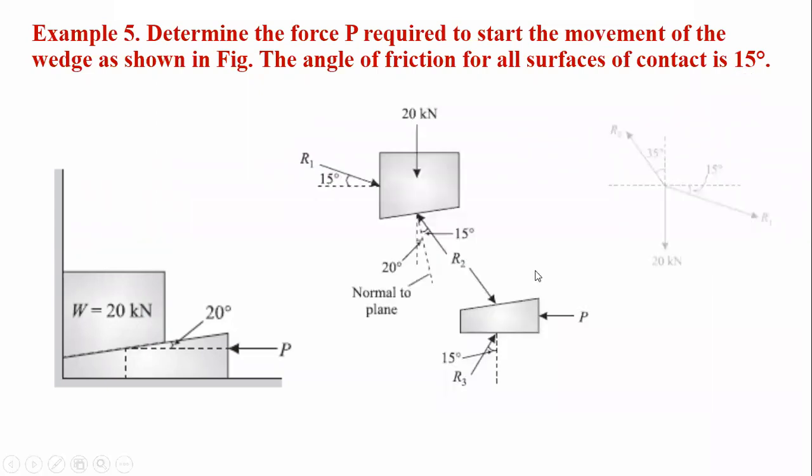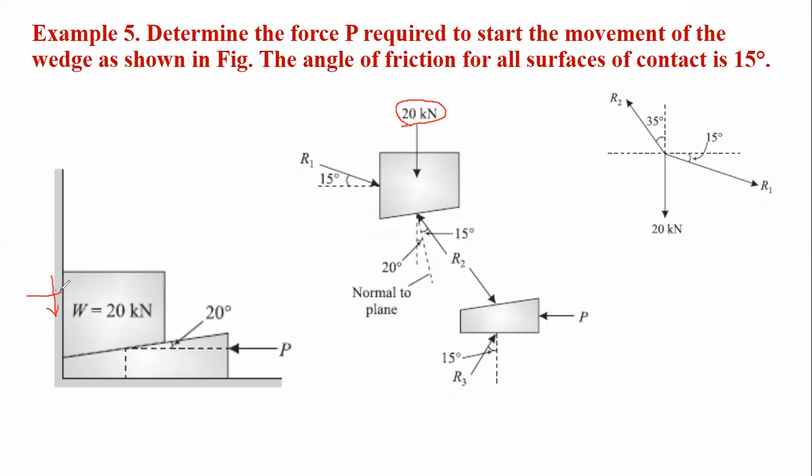Now let us see. Draw the free body diagram of each block separately. If you see over here, for this block of 20 Newton, the self weight is shown. Whatever the friction force and normal reaction may be, the resultant of these two is shown here as R1, and it is making an angle of 15 degrees, as provided. Similarly, for the wedge, P force is applied in the horizontal direction.